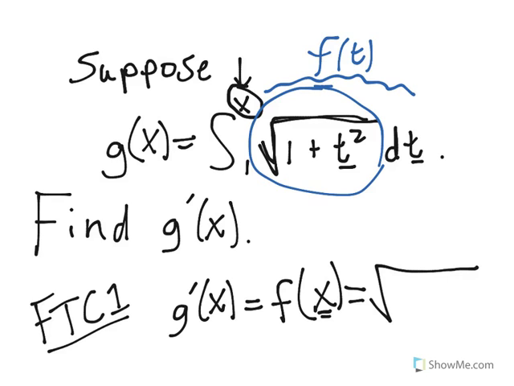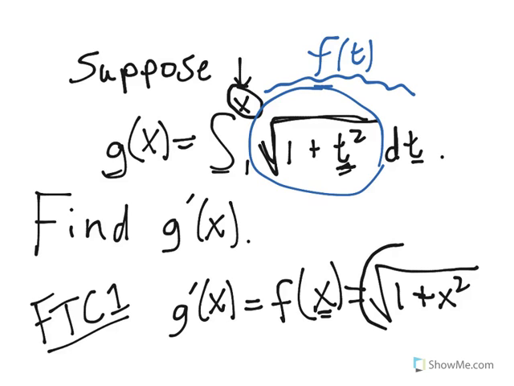You actually don't need to do a lot of work for this problem. Just replace the t up here with an x, and you end up getting the square root of 1 plus x squared. I see a lot of students in problems like this want to make this a ton of work and take a chain rule in here and take a derivative, but the fundamental theorem says that when you have g defined as an integral, the derivative and the integral kind of undo each other, but you just have to be a little bit careful of what your bounds are.